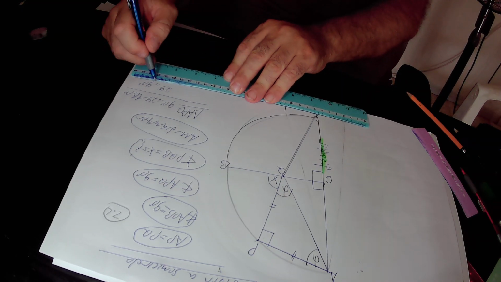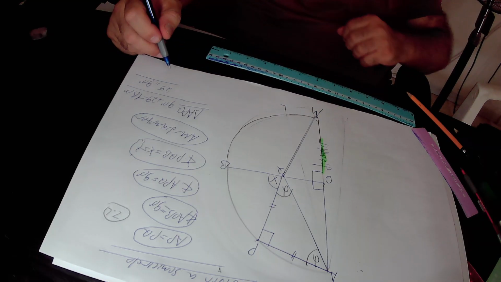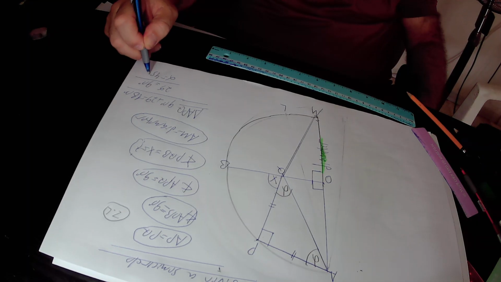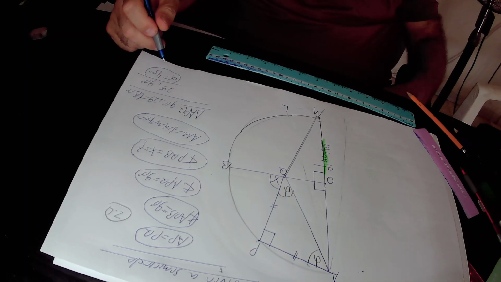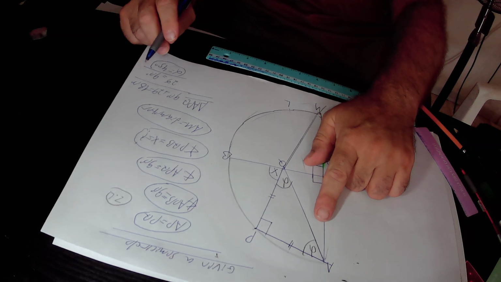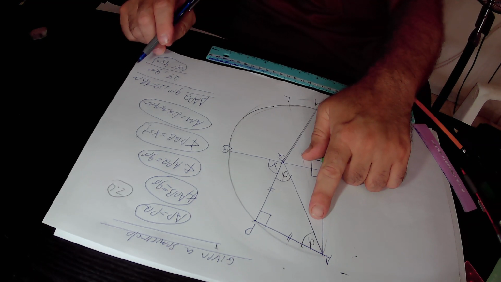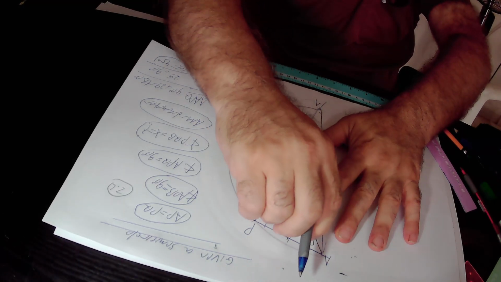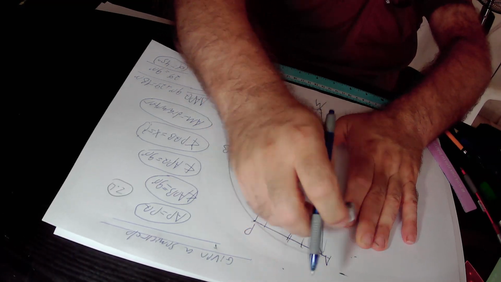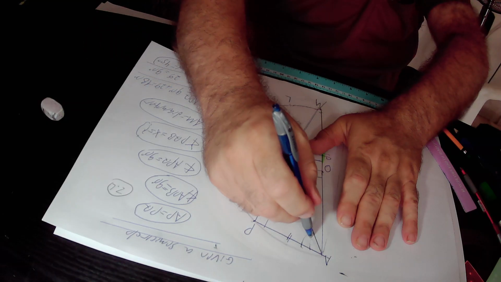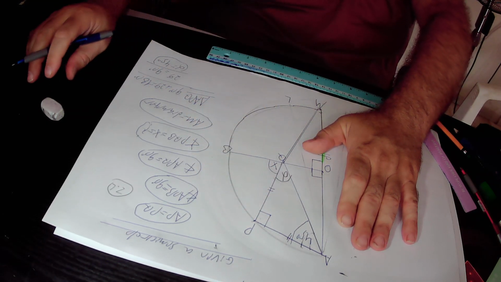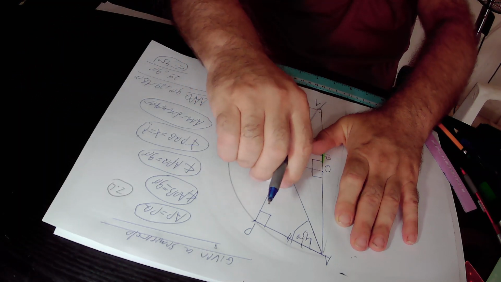Here we divide this equation by 2, and finally we get that the missing angle alpha equals 90 degrees over 2, that is 45 degrees. So this is the missing angle alpha, equal to 45 degrees in size, and this is also the missing angle alpha, equal to 45 degrees in size.